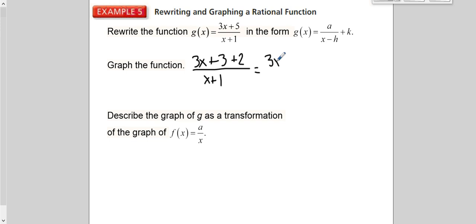So let's break this up. It's kind of like we're doing the other stuff backwards. We're breaking it into the pieces that we want. So 3x plus 3 over x plus 1 plus 2 over x plus 1 is equal to this original. And now we can factor out this x plus 1.